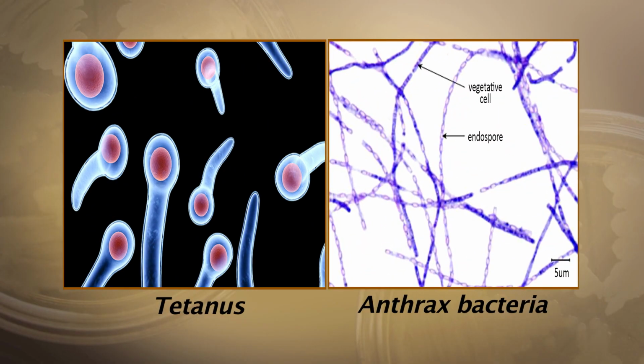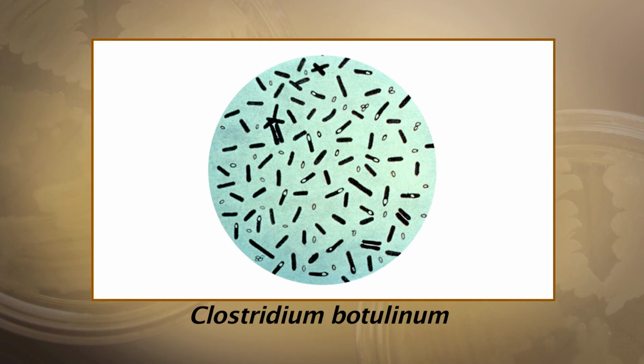Fortunately, most bacteria do not produce endospores, the only exceptions being tetanus and anthrax bacteria. An uncommon type of food poisoning called botulism is caused by the germination of endospores of Clostridium botulinum inside the food.